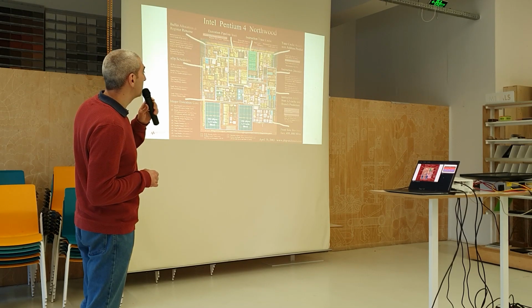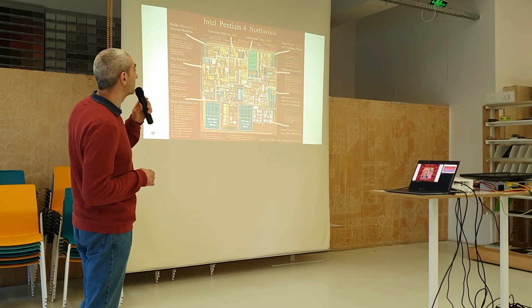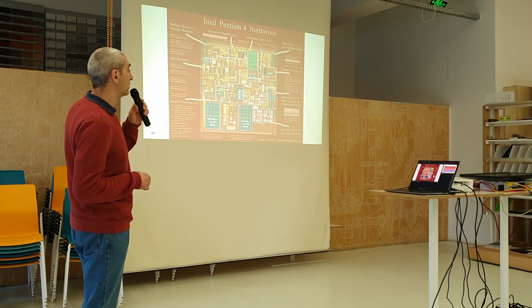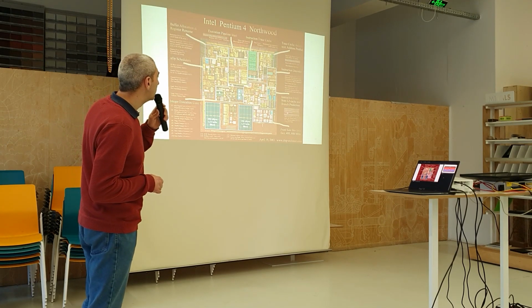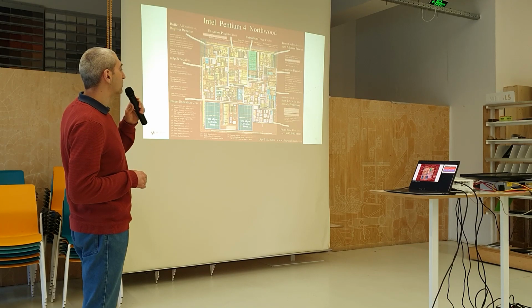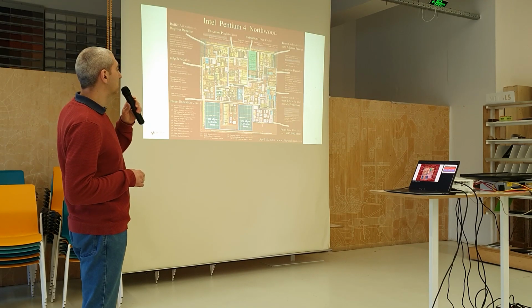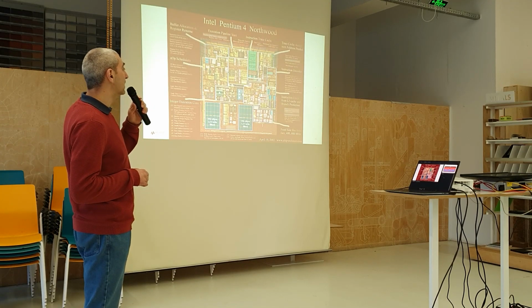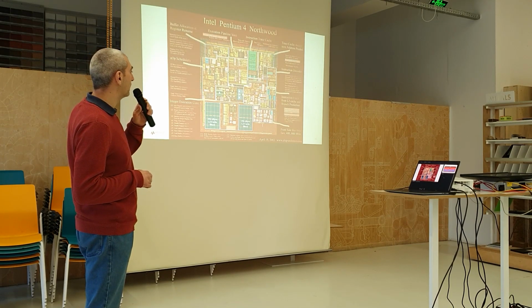So I don't know what's there, but there are two rectangles. Let's look at this one. This one is more visible. It says front-end branch prediction table. So we can see that they look like two alkaline batteries, but it's the branch prediction table. We can see that Intel had to double these units.